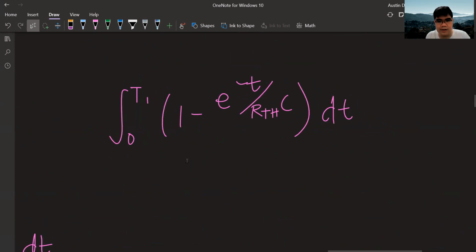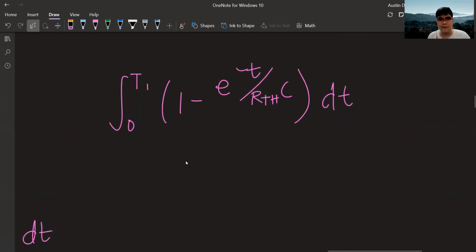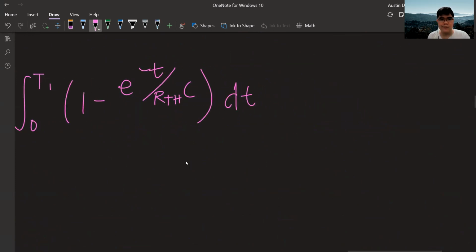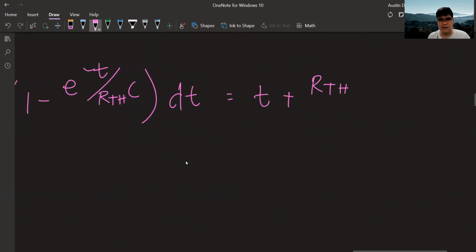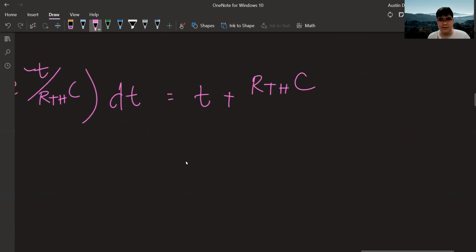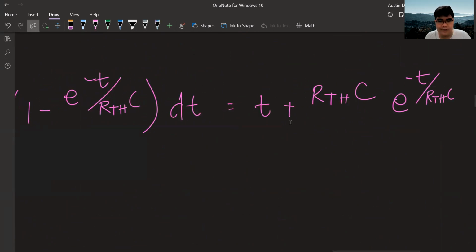Okay, and then this is just equal to, so this is just T plus RTH C times E raised to negative T over RTH C. Okay?